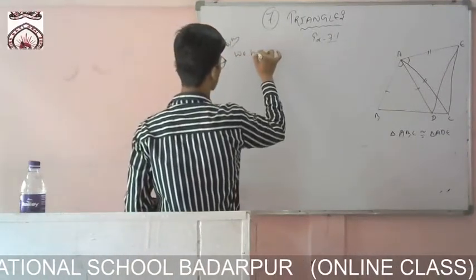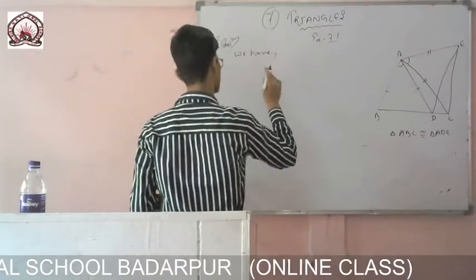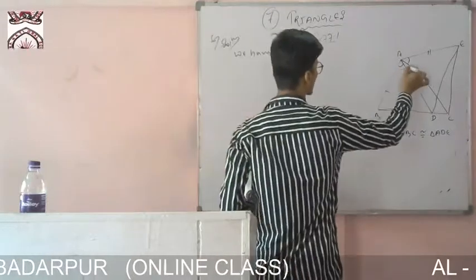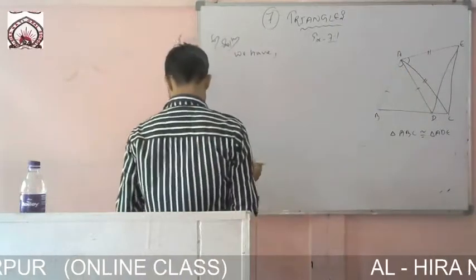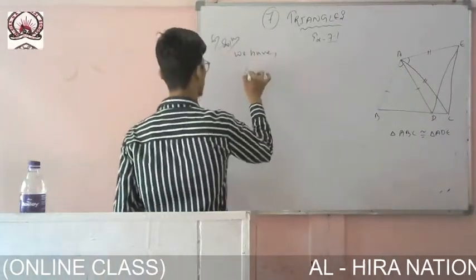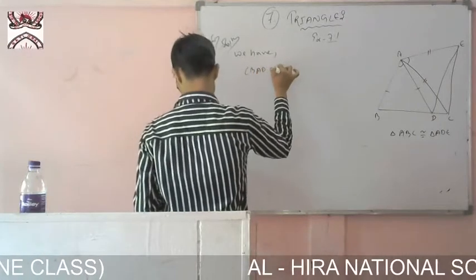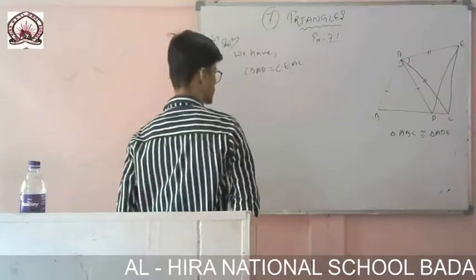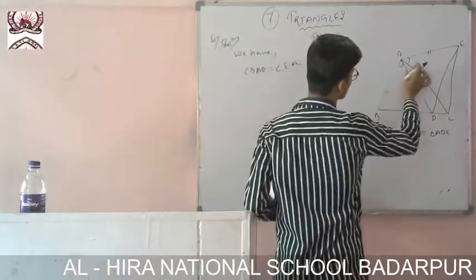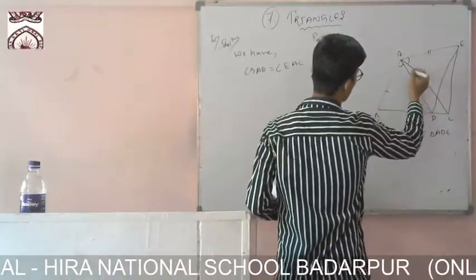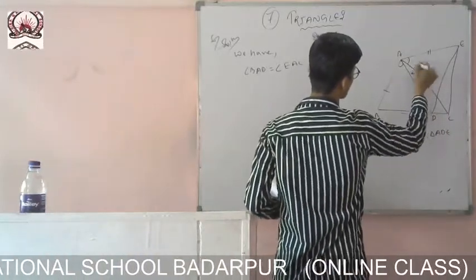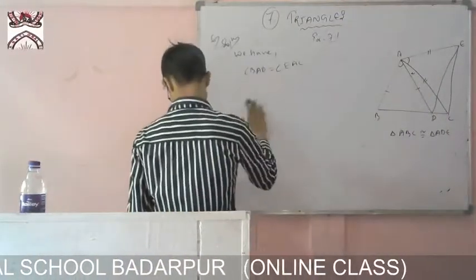It is given in the question that these two angles are equal: angle BAD equals angle EAC. Now with these two angles equal, if I add angle DAC to both, then what will happen?